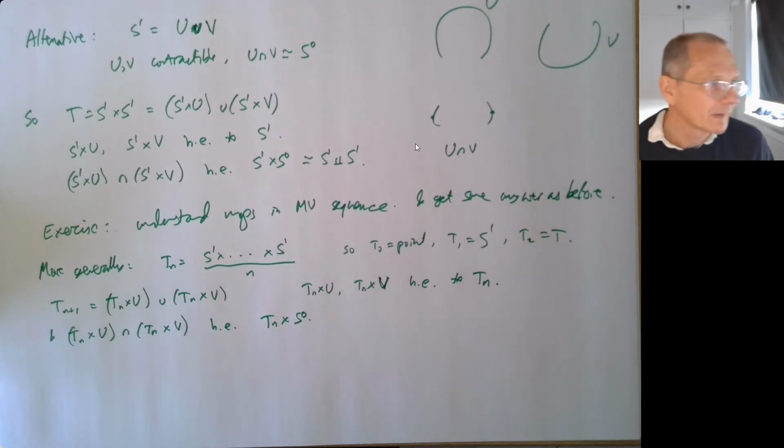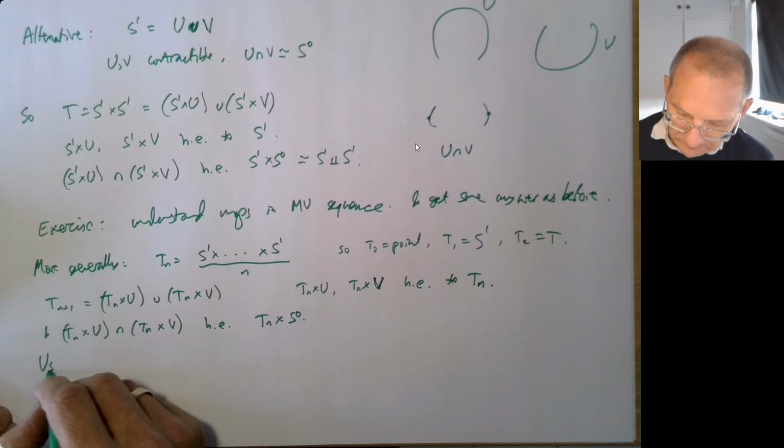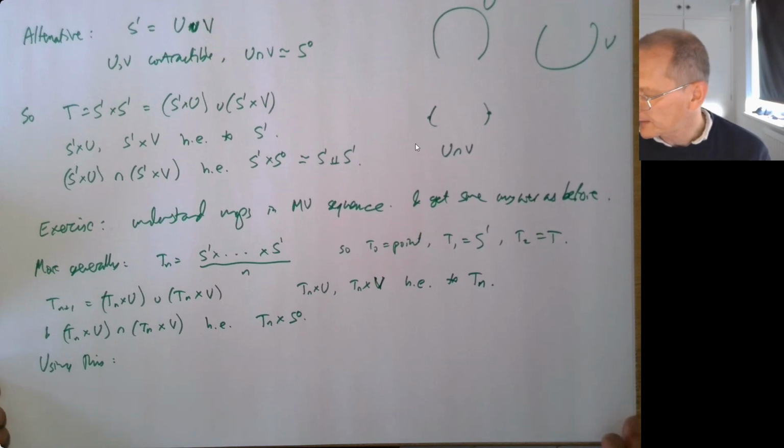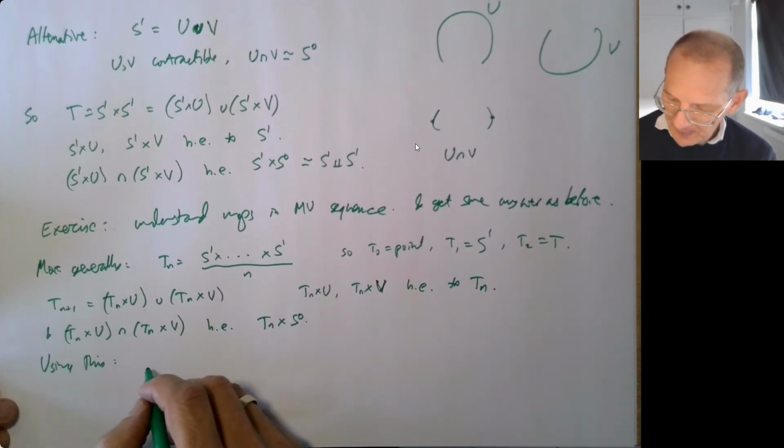And what we can conclude from this is that, again, I'm not going to spell out exactly how this works out in the Mayer-Vietoris sequence, but I'll tell you the conclusion.